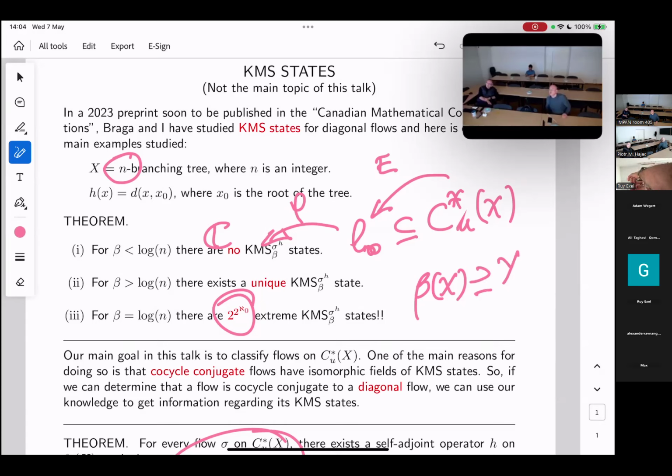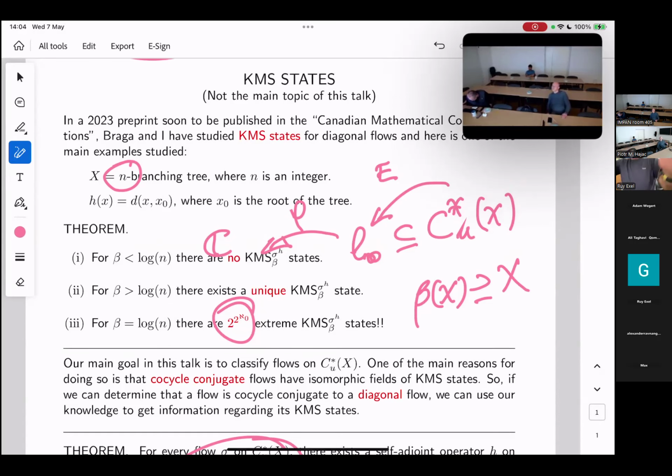It of course contains X. So the Gibbs measures are supported on X, and all of the other weird states are supported on the boundary, which means the complement of X within the Stone-Čech compactification. That's a very delicate problem because in order to exhibit a single point in beta of X which is not in X, you require the axiom of choice. So in order to deal with measures on that space, you are really walking on thin ice.